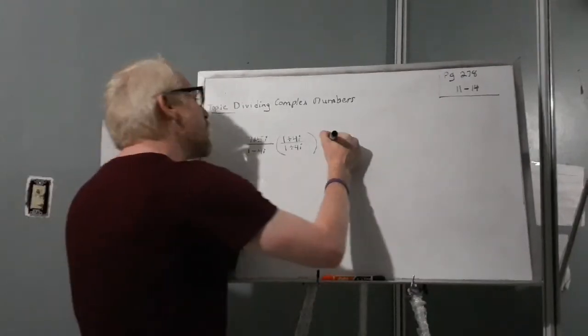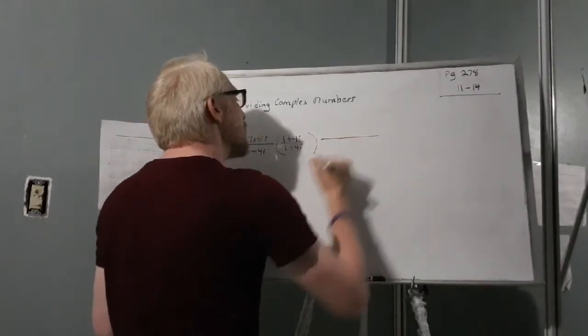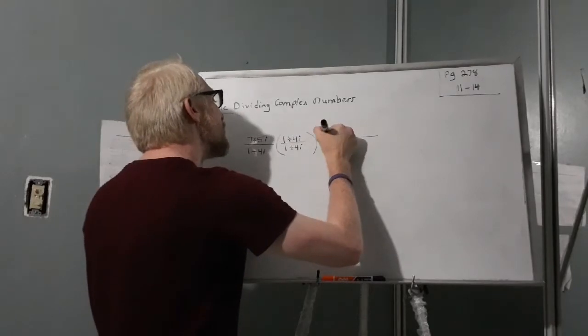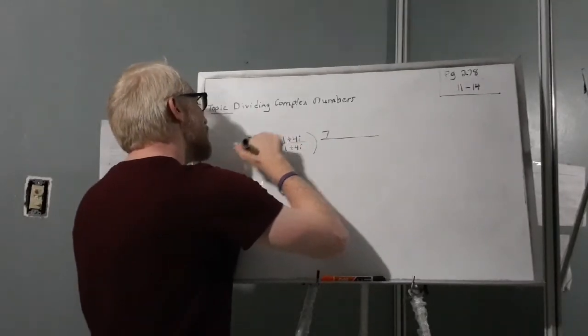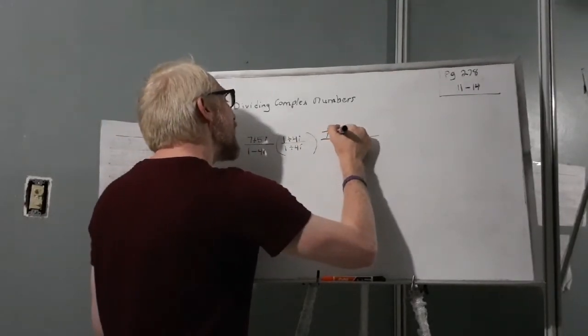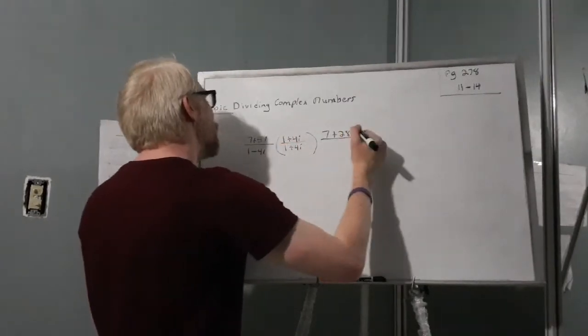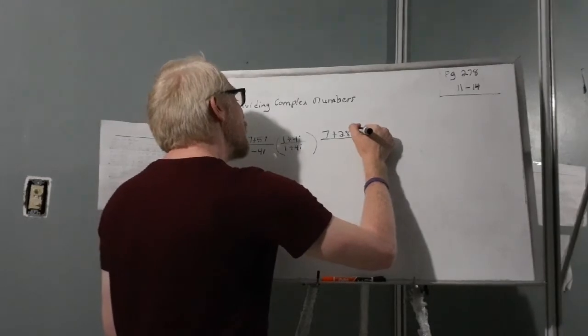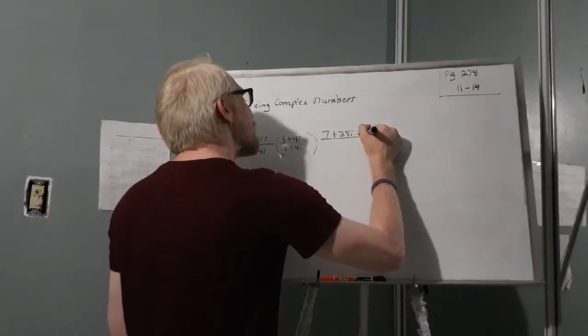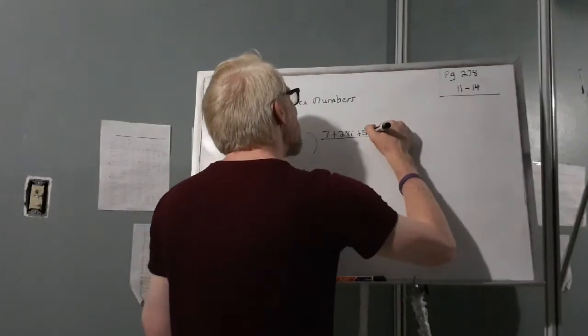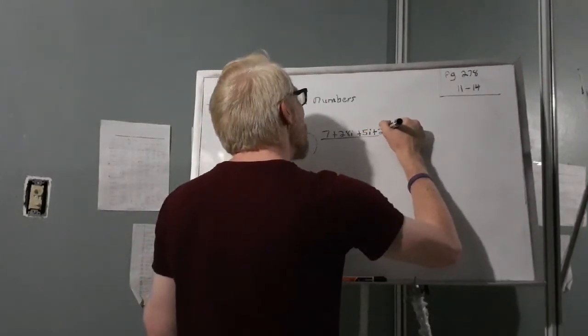So let's start with the numerator. I'm going to multiply 7 times 1, which is 7. Then 7 times 4i, which is 28i. And then 5i times 1, which is 5i. And then 5i times 4i, which is plus 20i squared.